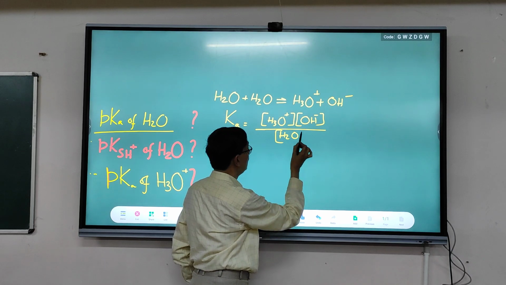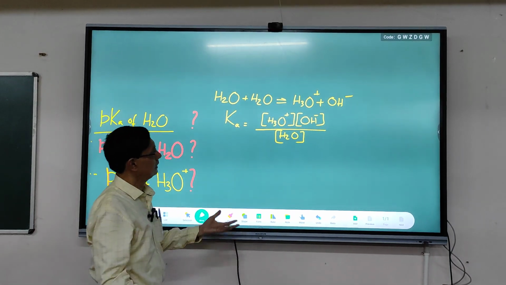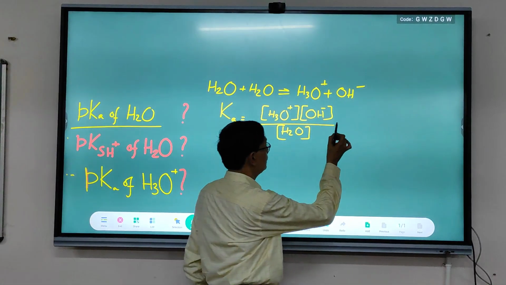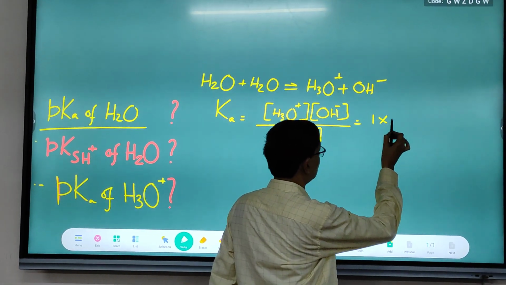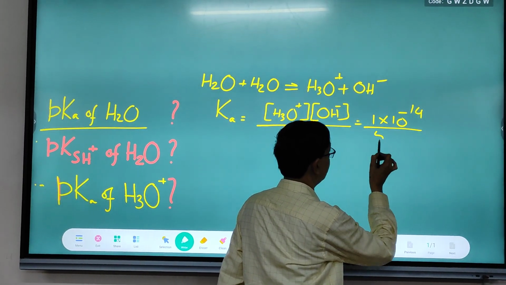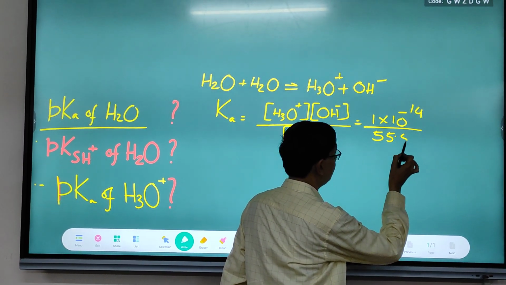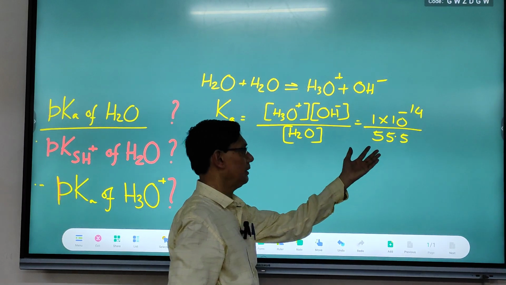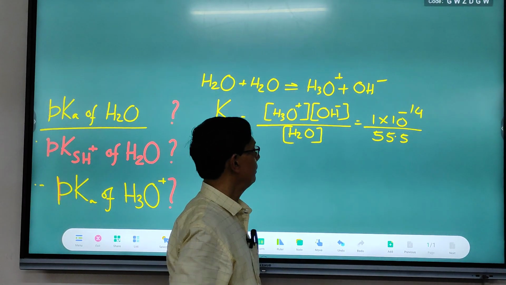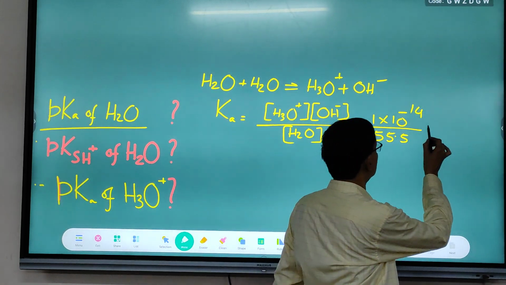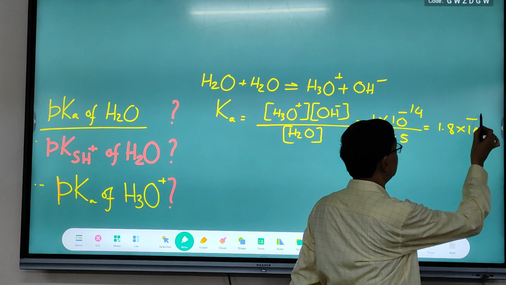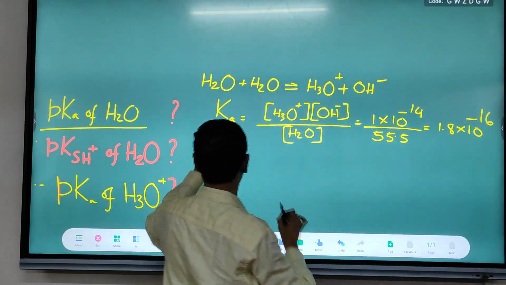You all know this is a school level question. Everybody is aware of these things, because it is 1 into 10 to the power minus 14, divided by the molar concentration 55.5. So 1 divided by 55.5, or 1 divided by 50, is around 0.02. So it will give 1.8 into 10 to the power minus 16 as the K.